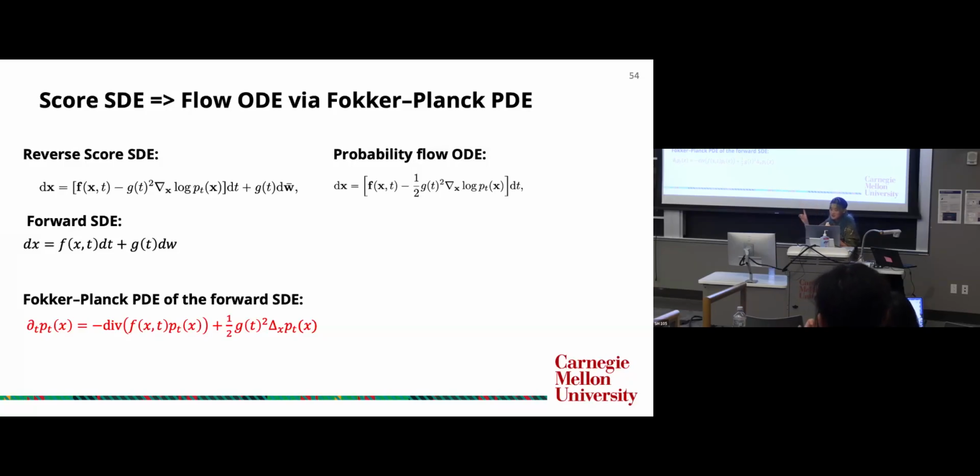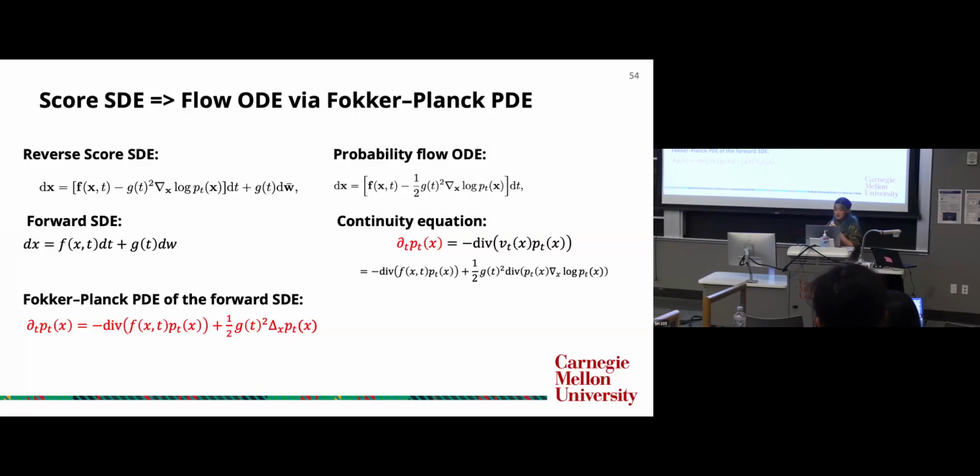Say we have this particular ODE, and it turns out that it's the continuity equation, which is the PDE of the change of probability, which is what we learned today, using the divergence. If you just plug everything in and do a lot of algebra and calculus, you are actually going to get literally the same thing.